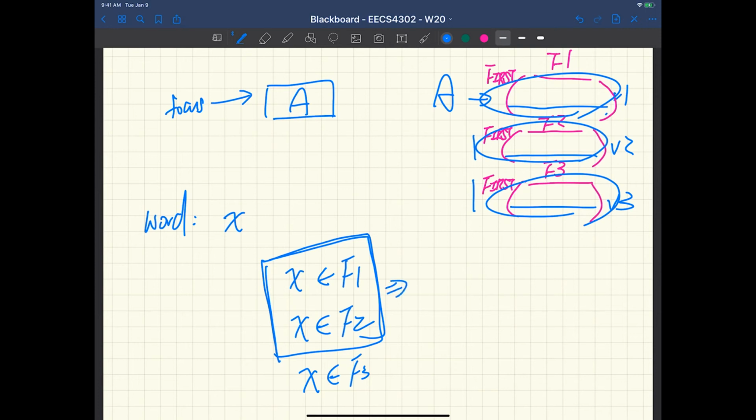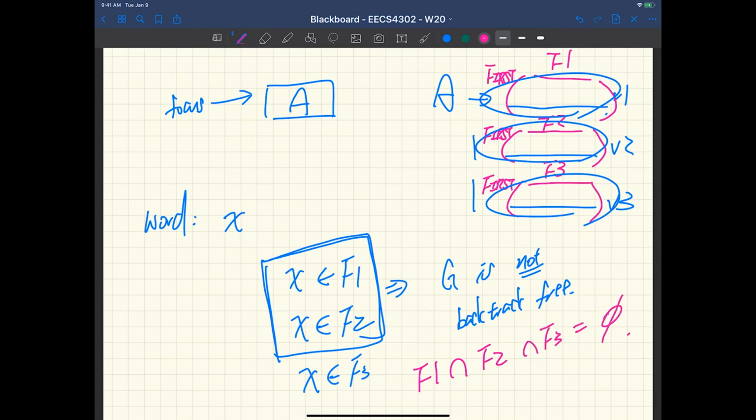That implies your grammar is not backtrack-free. A backtrack-free grammar should be such that, for example in this case, F1 intersect F2 intersect F3 should be empty, which means they are disjoint sets of symbols for you to choose from. Okay? Good. I think that's a good question.